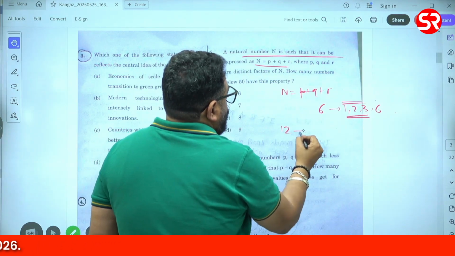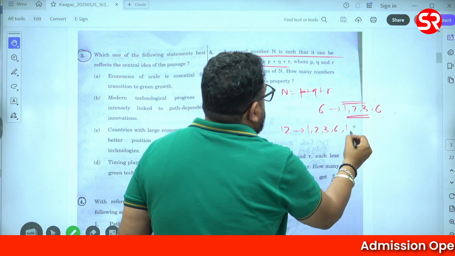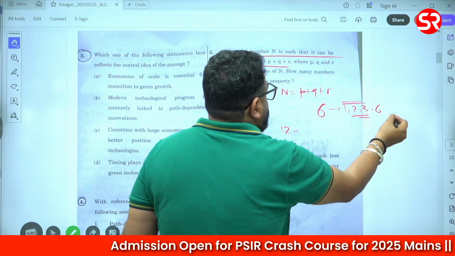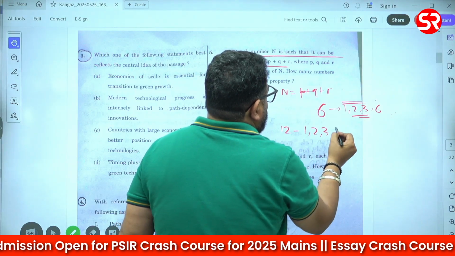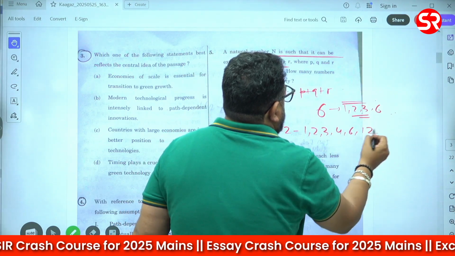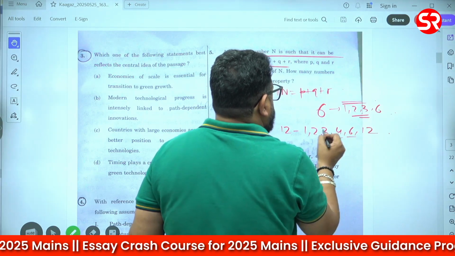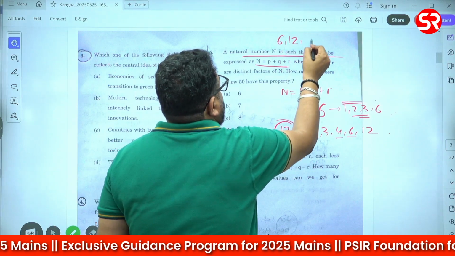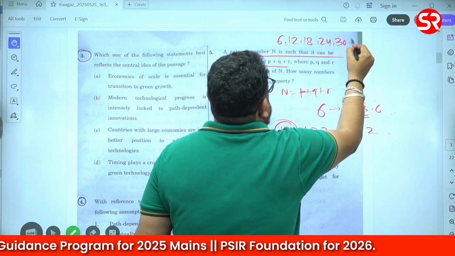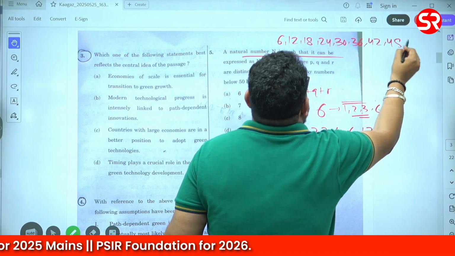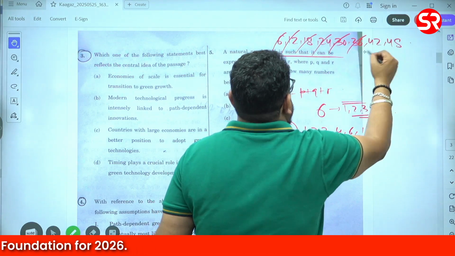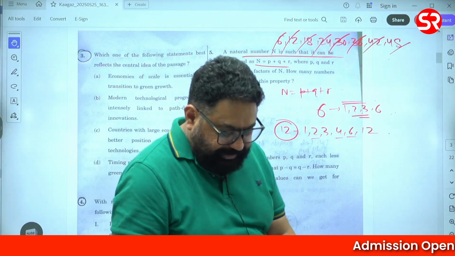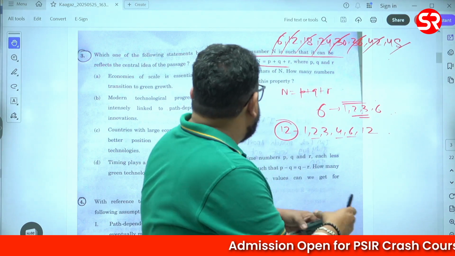Then 12. 12 के factors are 1, 2, 3, 4, 6, 12. तुम खुद देखो 6 plus 4 plus 2, 12. इस तरह अगर तुम देखोगे there's 12, 24, 30, 36, 42, 8 such numbers.